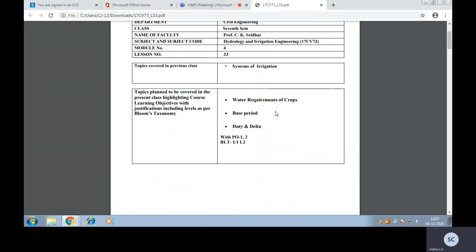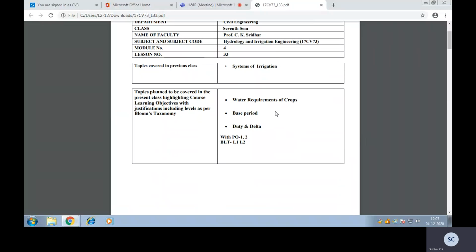and this delta is expressed in terms of total depth. Please note that for the entire period, whether it is 3 months, 4 months, 5 months, whatever, the depth of water is divided into either 30 days or 20 days or whatever.